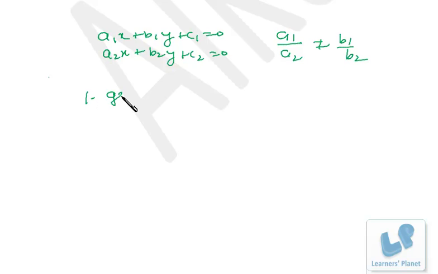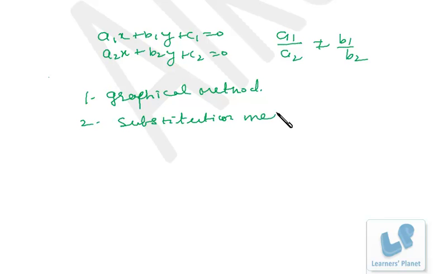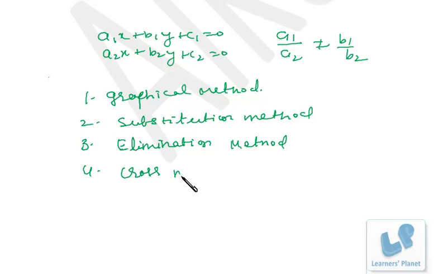So the first method is graphical method. The second method is substitution method. Third is elimination method, and fourth is cross multiplication method.